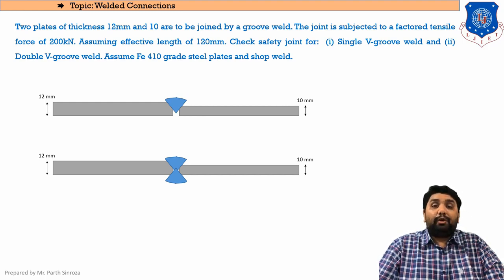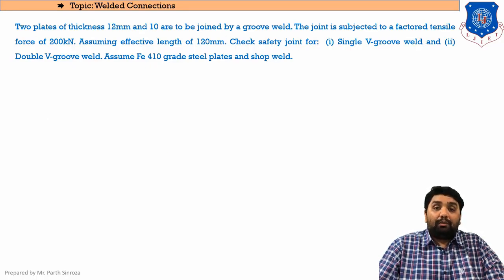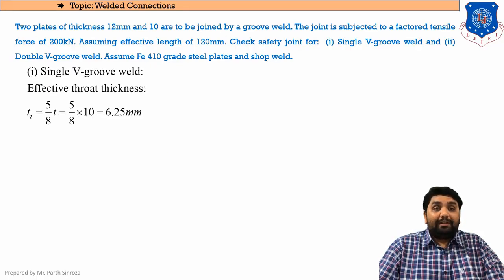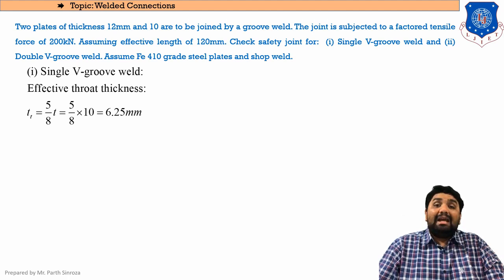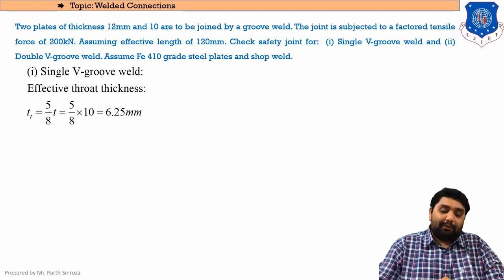So which type of joint is to be applied to resist this amount of load, we need to identify that. Clear? So moving forward, the first thing that we need to identify for single V groove will be the throat thickness. Clear? And for throat thickness, as we are not dealing with fillet weld, size is not to be found out. Size of weld is always to be found out only when we are dealing with a fillet weld. For butt weld, sizes are not to be found out.